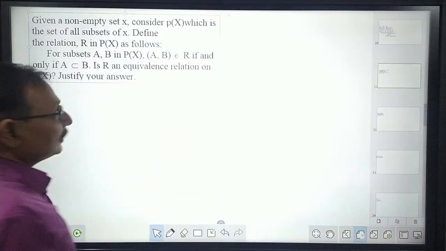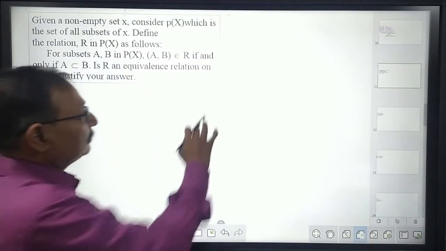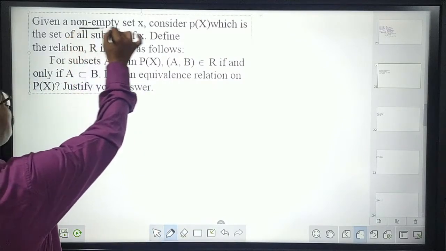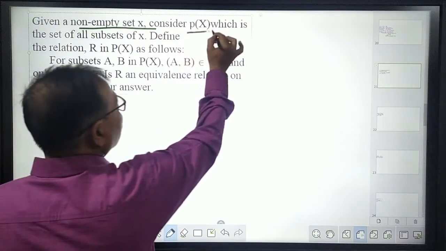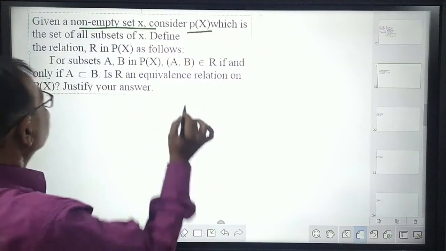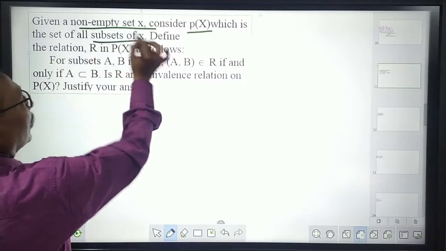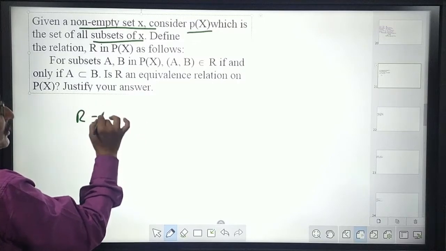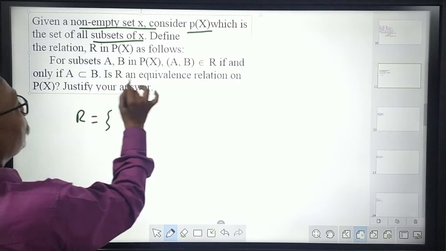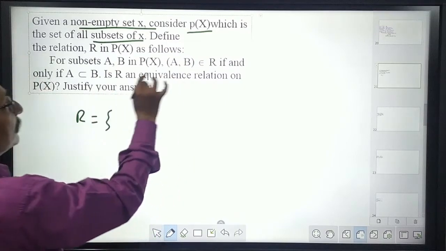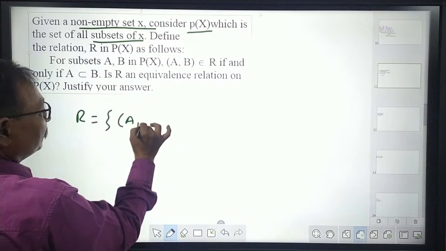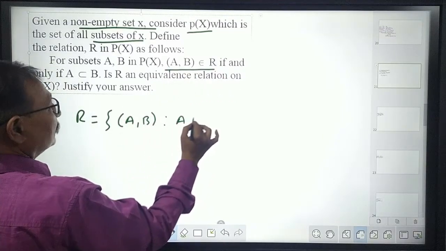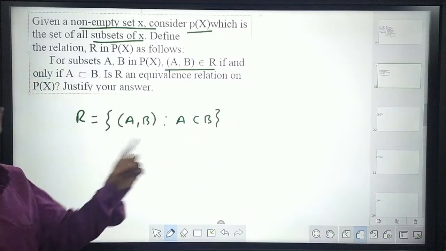This question is again a simple question, not a difficult one. Given a non-empty set X, consider P(X), the power set of X, which is the set of all subsets of X. Define a relation R on the power set of X as follows. For subsets A, B, it is said that (A, B) belongs to R such that A is a subset of B. The first one is a subset of the second one.